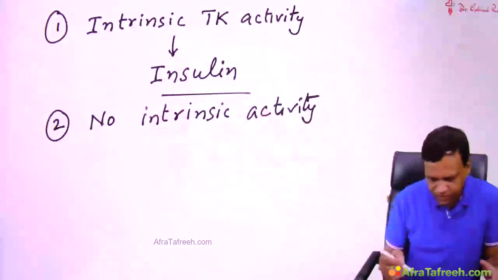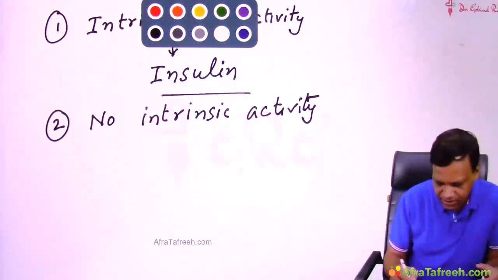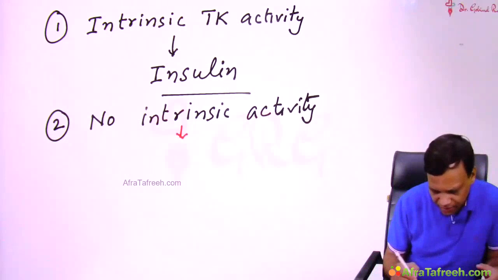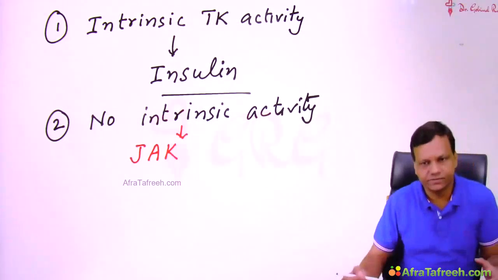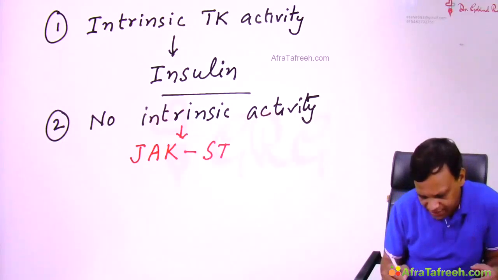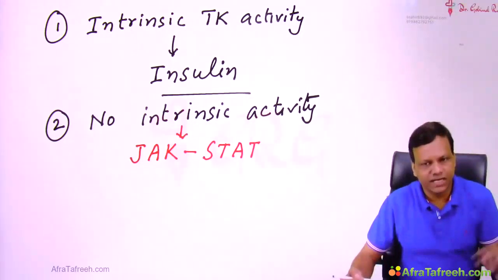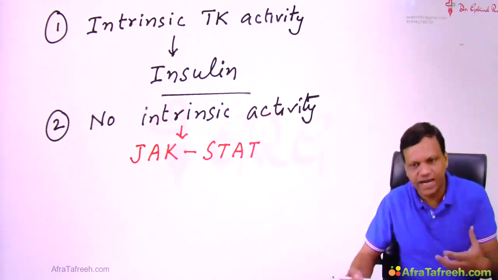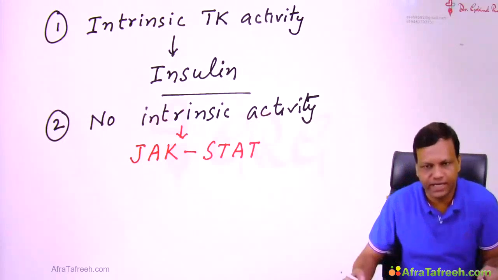One example of these drugs which do not have tyrosine kinase activity, they usually activate another enzyme called Janus kinase, which will recruit another protein known as STAT. So Janus kinase will recruit STAT, and that will result in finally enzymatic activity.